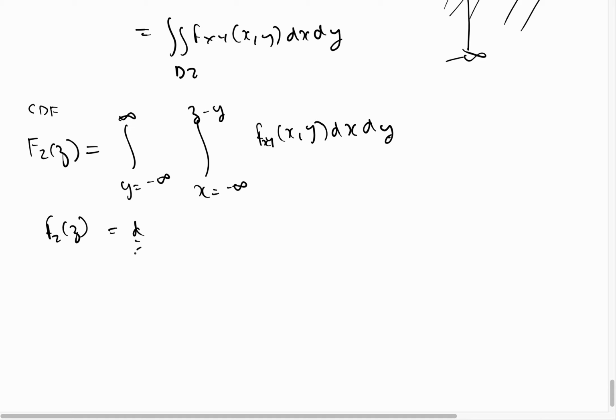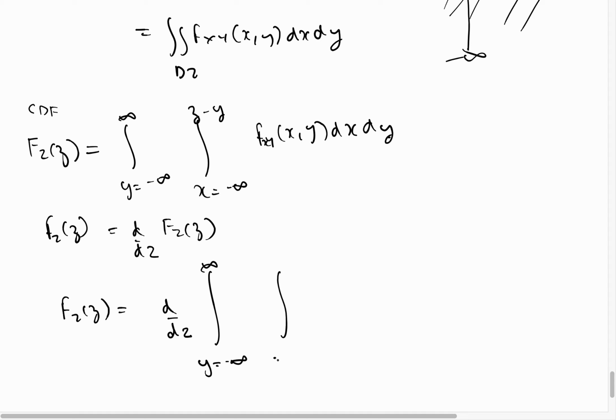It's nothing but d by dz of F_Z(z), and it's going to be f_Z(z) equal to d by dz of the integral for y from minus infinity to plus infinity, of the integral for x from minus infinity to z minus y, of f_XY(x, y) dx dy.